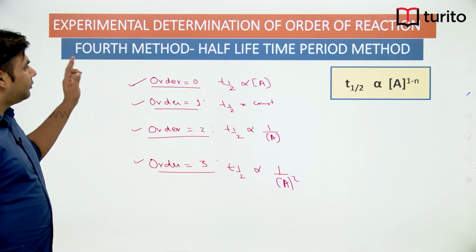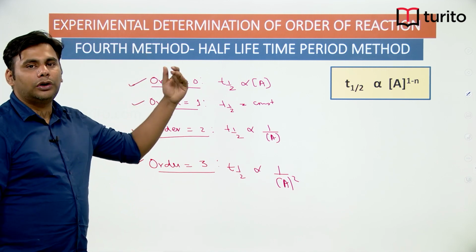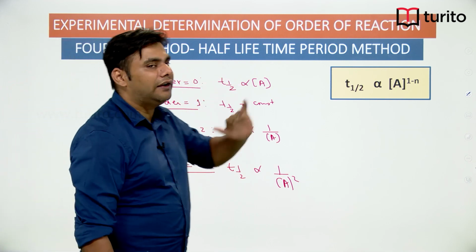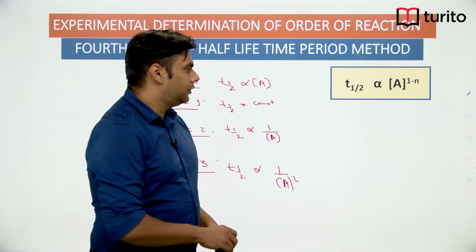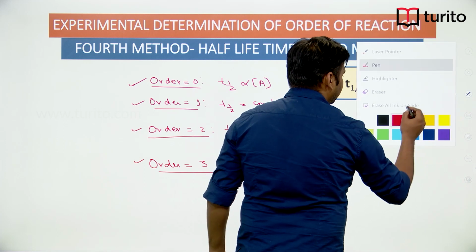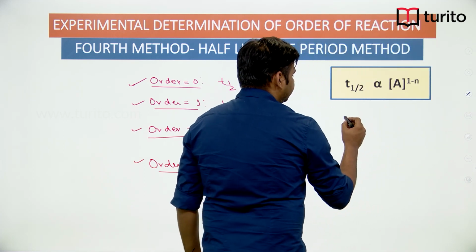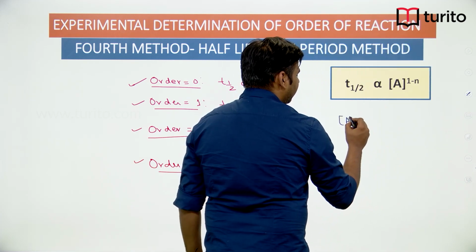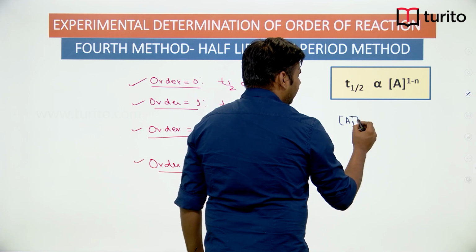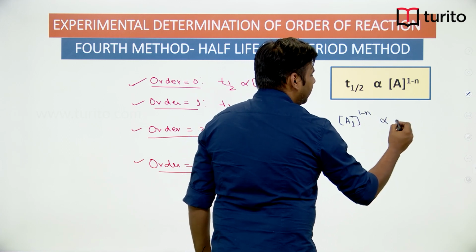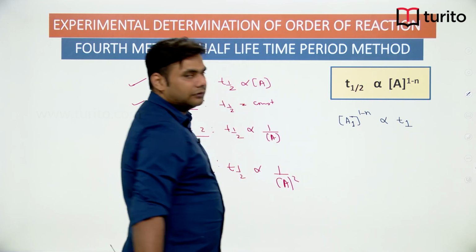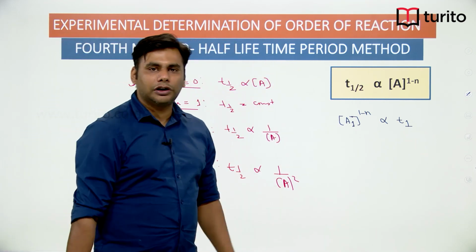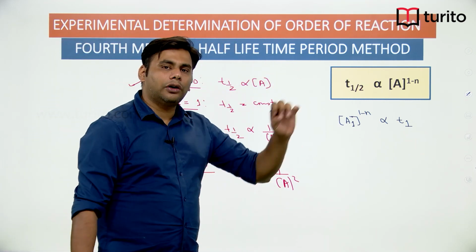In this method we are basically going to have different half-life time periods at different concentrations. Suppose data has been given to us like this: when the concentration was A1, the half-life time period was T1. We know that t half is always proportional to A raised to 1 minus n, where n is the order of that reaction.